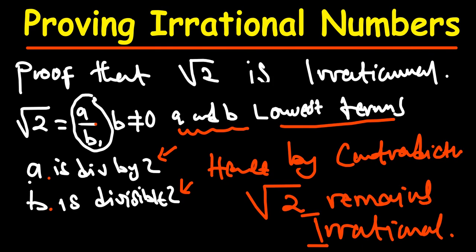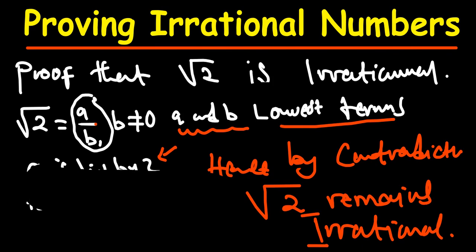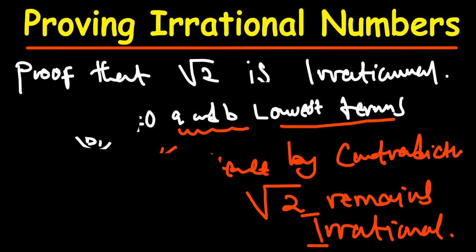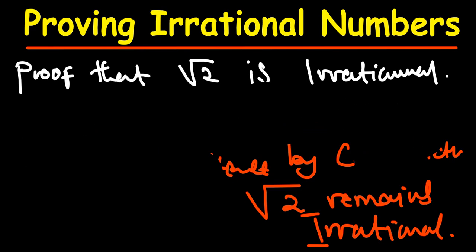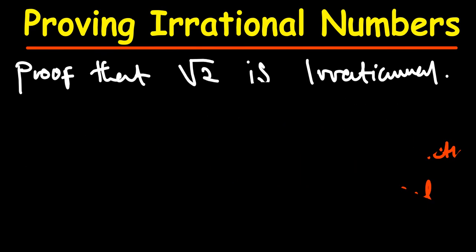Let us prove that the root of 3 is irrational. So we are going to follow similar steps. The first thing is to assume the opposite of what you want to prove.